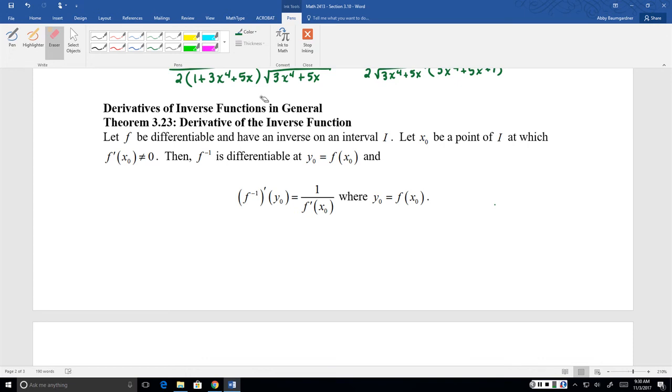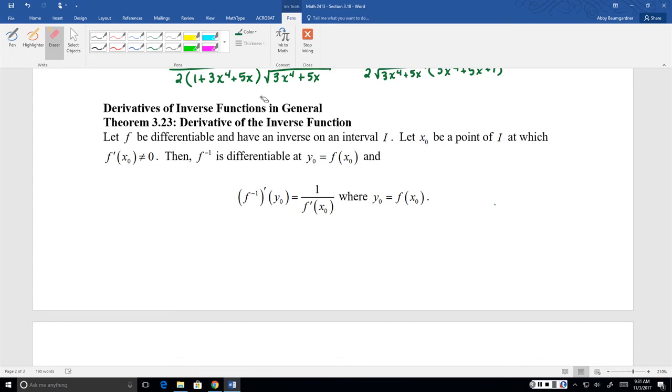So if f is differentiable, we're going to let f be differentiable and have an inverse on some interval. We're not really concerned about the interval right now. We're just saying f has a derivative and it's invertible, right? Then let x sub 0 be a point inside your interval at which the derivative evaluated at that point is not 0.